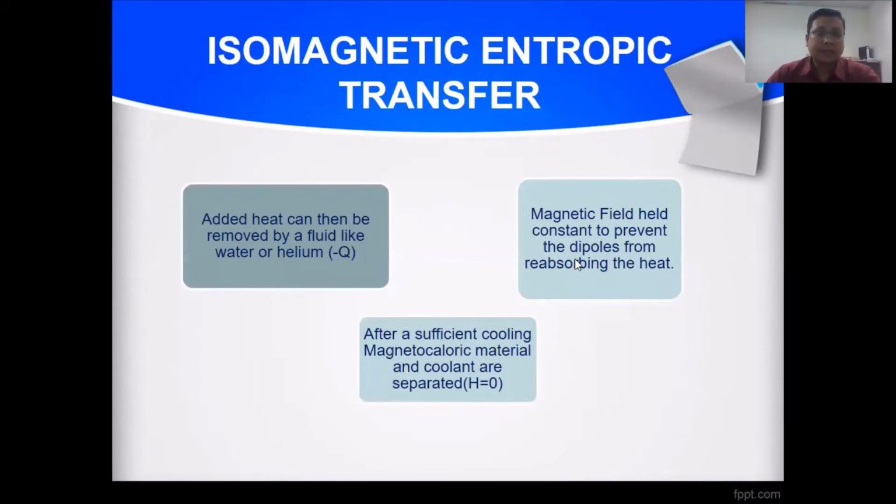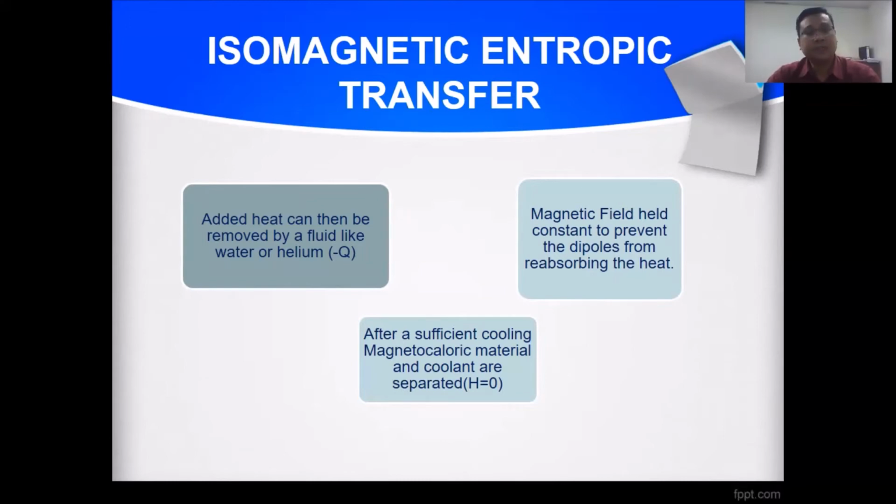And then the process in the magnetic refrigeration is isomagnetic entropic transfer. The heat can then be removed by a fluid like water or helium. So actually, we can use a refrigerant in the magnetic refrigerator, like helium or water, for example.